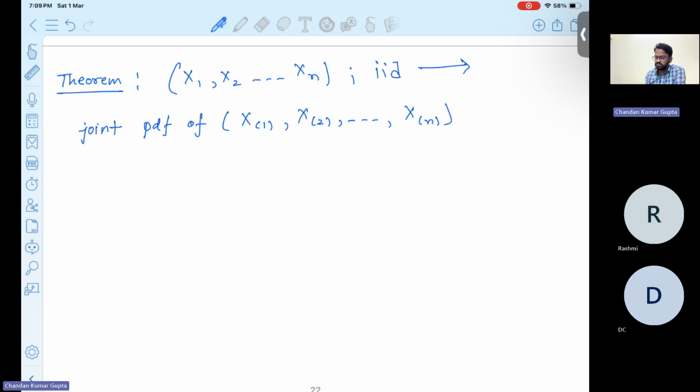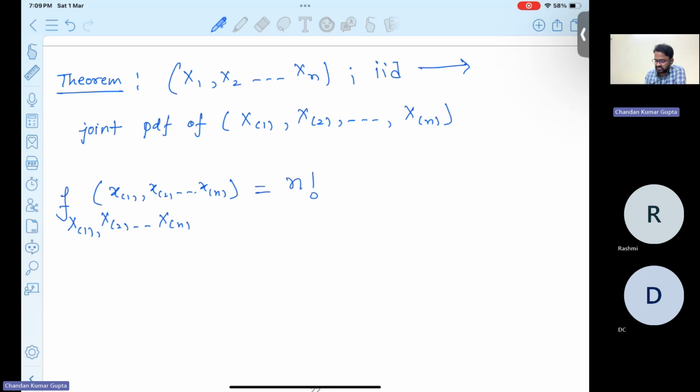So the joint PDF of x(1), x(2) up to x(n) is defined as f of x1, x2, up to xn. These are just notation actually. Since we have n samples, there are n factorial possible ways to order them. So it is n factorial times the product from i equals 1 to n of f of xi.